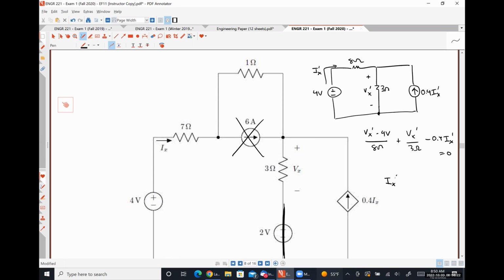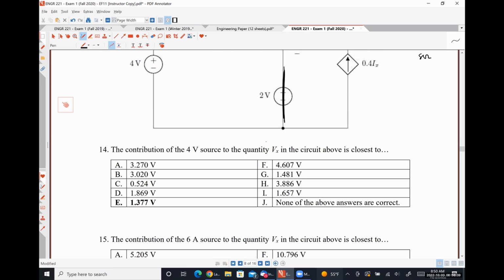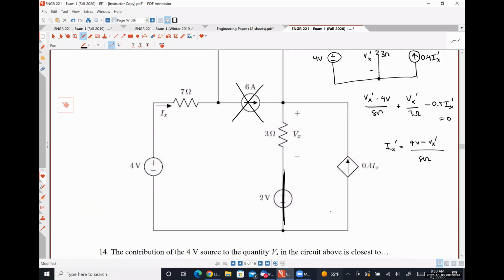And then Ix prime is equal to 4 volts minus Vx prime over 8 ohms. Solve that system, get Vx prime. Then I would repeat this with the 6 amp source on.